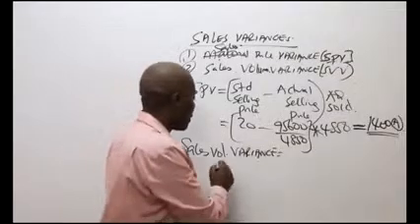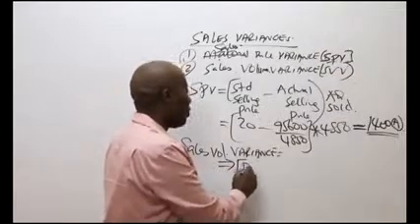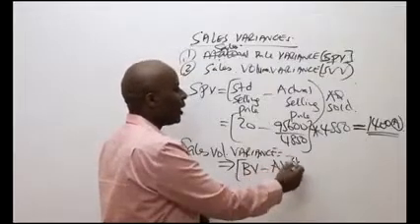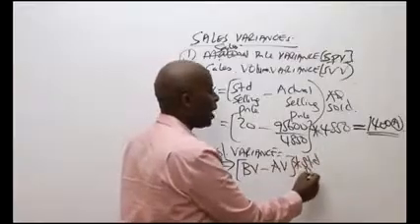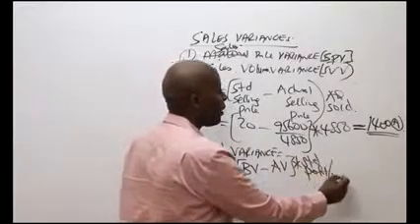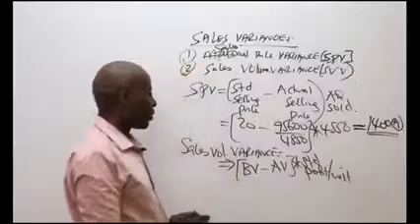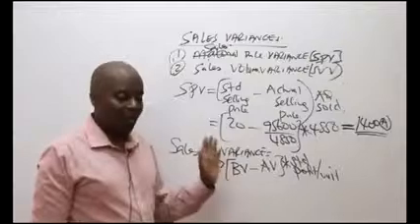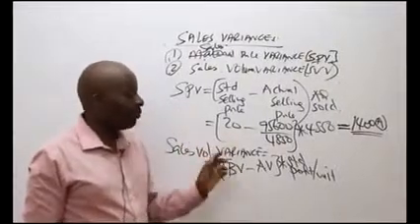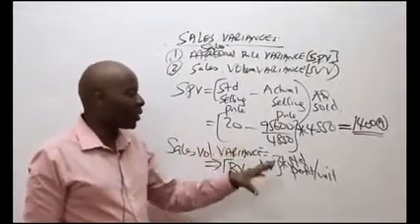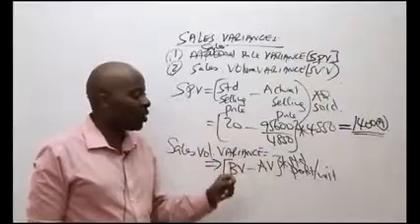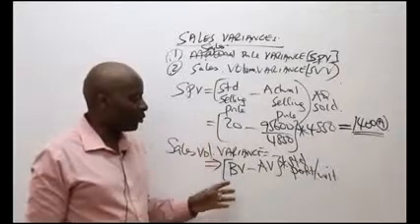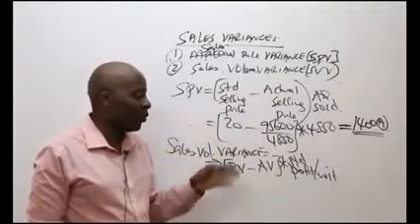To get the sales volume variance, ladies and gentlemen, we normally take budgeted volume minus actual volume, and then outside here we put the standard profit per unit. This is a funny one, because outside here we have the standard profit per unit. So we have budgeted volume minus actual volume times standard profit per unit.